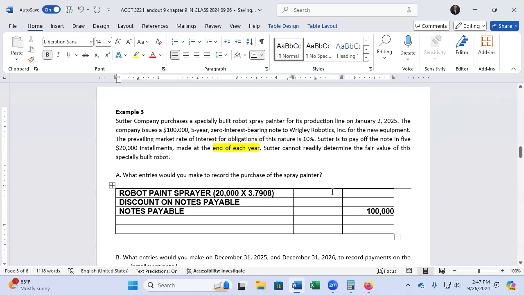I think. And so when we multiply that out, we get 75,816. And then the discount on the notes payable is just the difference, and that's a plug of 24,184.